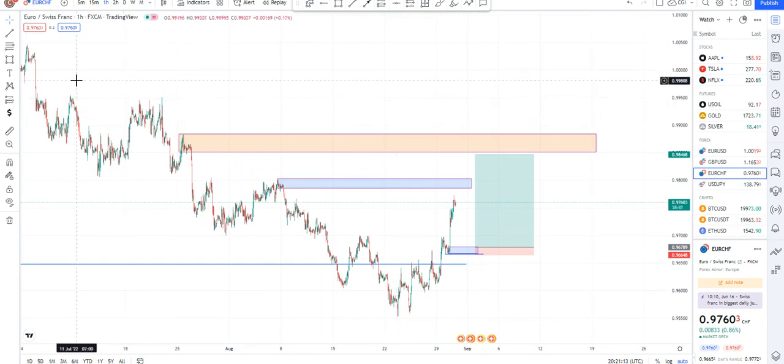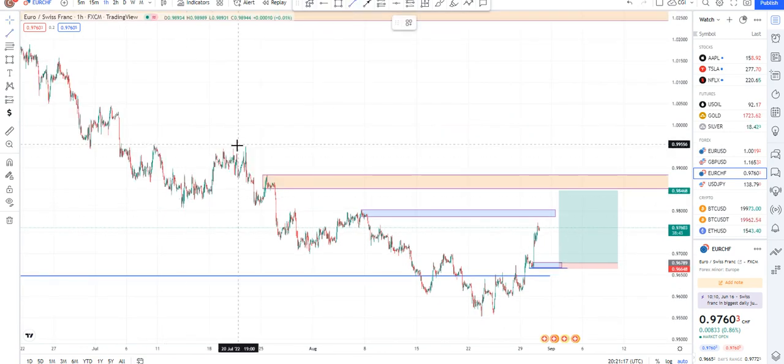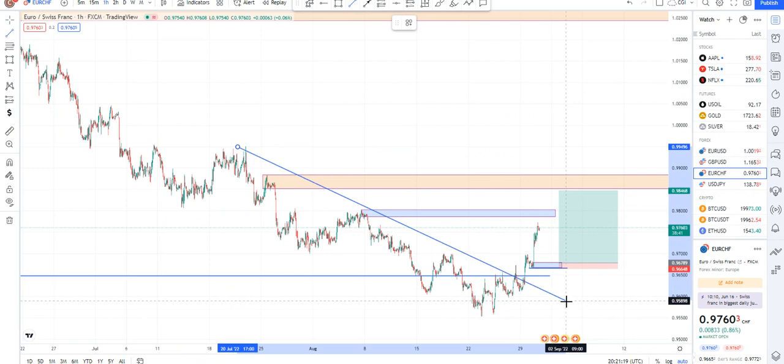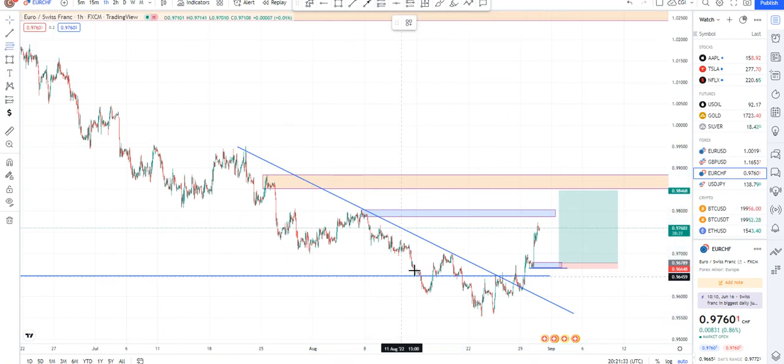When I just started trading, all I used was a trend line like this. I'd get a trend line like this, and on this trend line I'd look for a range. This can be a range, this can be a range. Let me assume my range is from here to here.